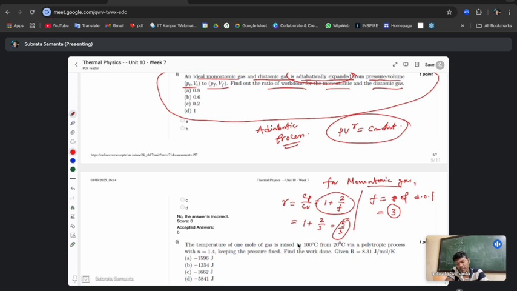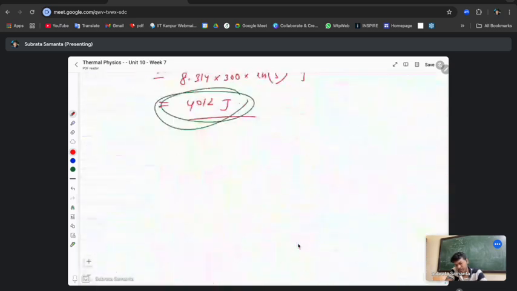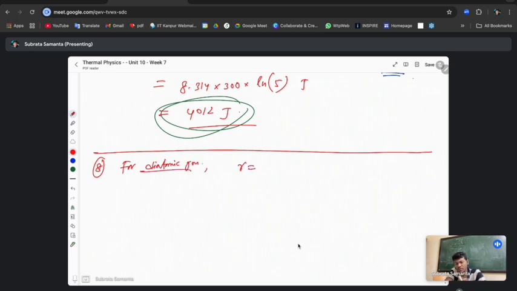Similarly, we can calculate for diatomic gas. For diatomic gas, what is the number of degrees of freedom, F? It's 5, right?